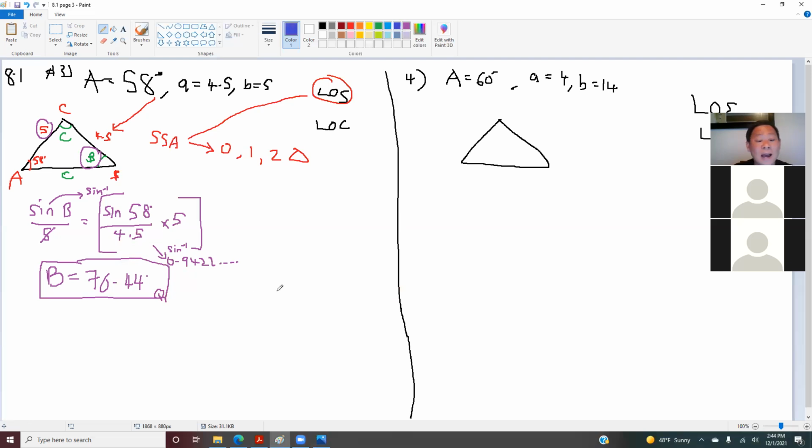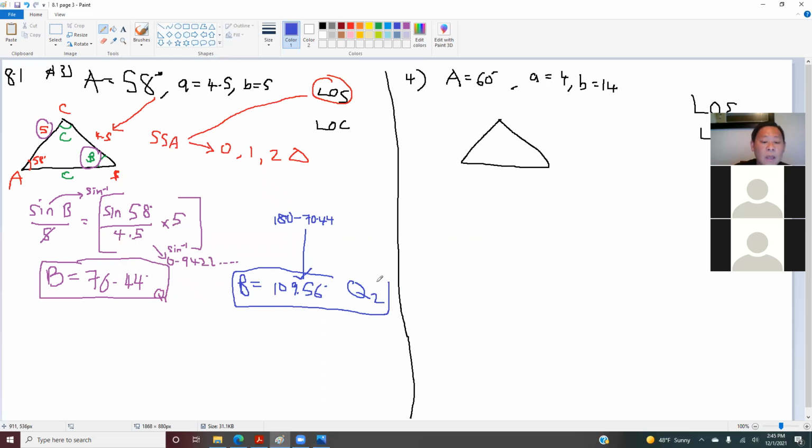There is also another angle for this B in quadrant 2 because sine is also positive in quadrant 2. So how do you figure out what angle corresponds to 70.44? You subtract it from 180. So in order for you to find this angle in quadrant 2, you subtract it from 180. What happens when you subtract this one from 180? This came out to be 109.56 degrees.